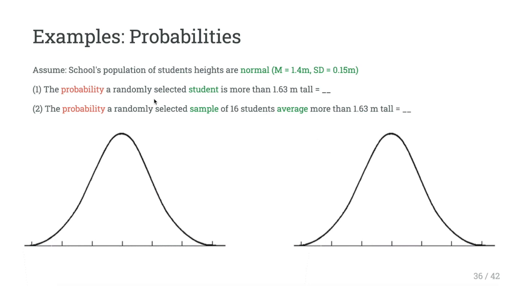But I want to highlight that the steps we showed to do this part are identical to this one, other than instead of just using the standard deviation, we're now going to use what's called the standard error. And that is just the standard deviation divided by the square root of n. So we would take the standard deviation, this value, and divide by the square root of 16, which is 4.